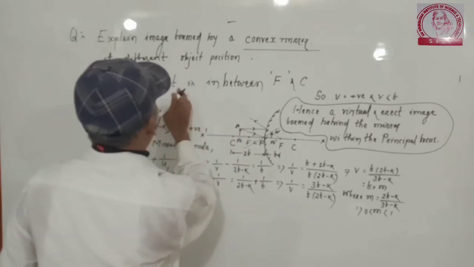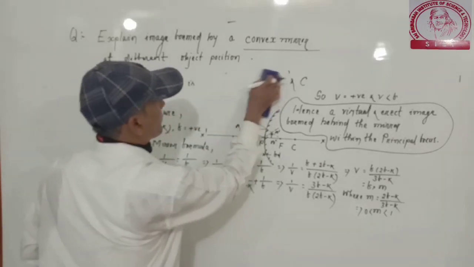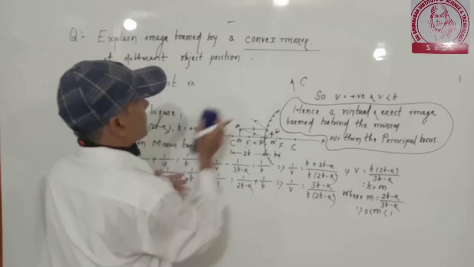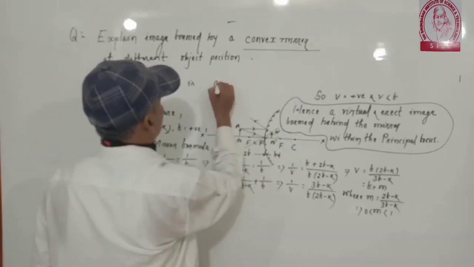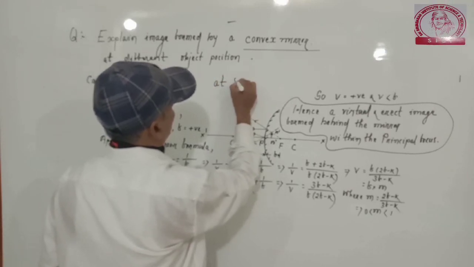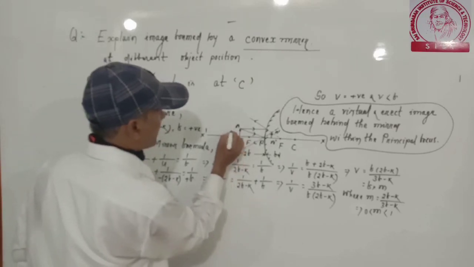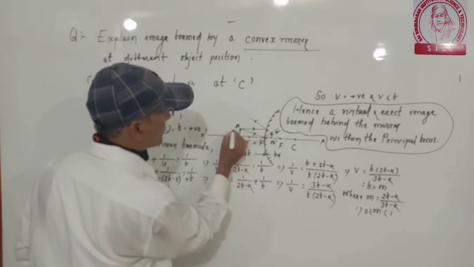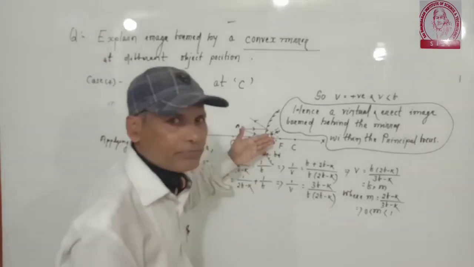So I am writing now, object is at C, which means the object is at the center of curvature. Okay, let's try to draw the figure.